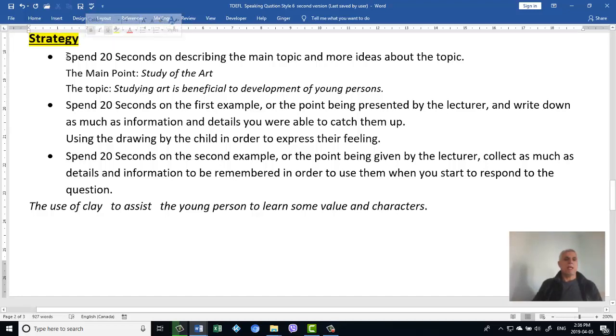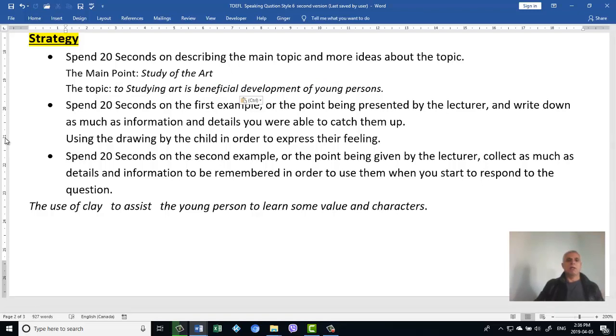In the strategy, we spend 20 seconds on describing the main topic and more ideas about the topic. For example, we have the main point, study of the art. The topic: studying art is beneficial to development of young persons.